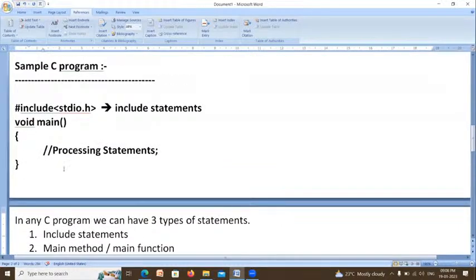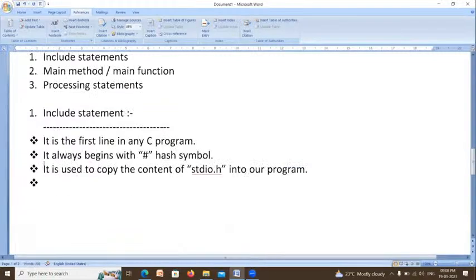It is also called by one more name, preprocessor directive. It is also called preprocessor directive.